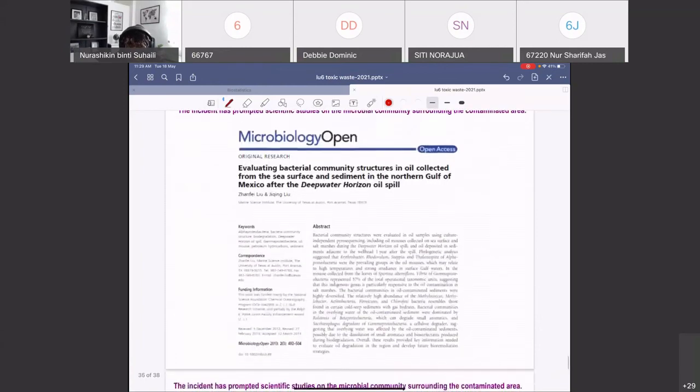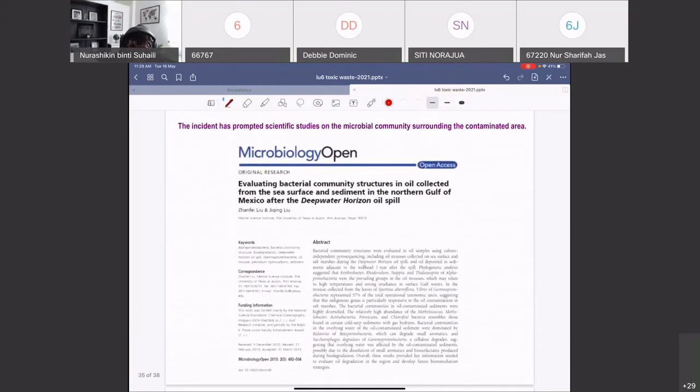For example, the first paper here was published in 2013. They tried to evaluate the bacterial community structure in oil collected from the sea surface and sediment in the northern Gulf of Mexico.